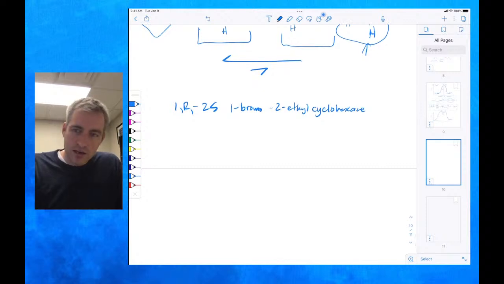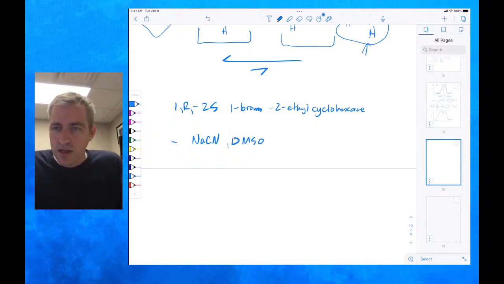The provided conditions are NaCN in DMSO. It screams SN2, doesn't it? And then convert the product back into a flat template.